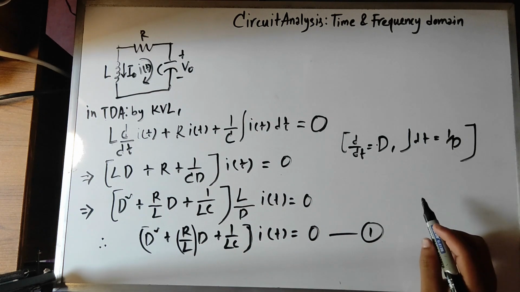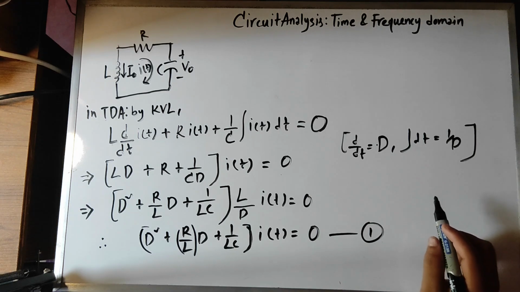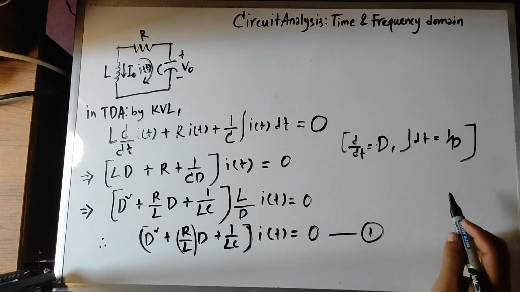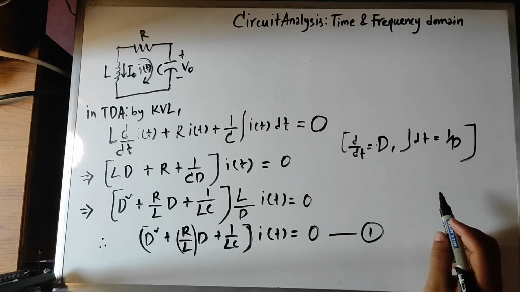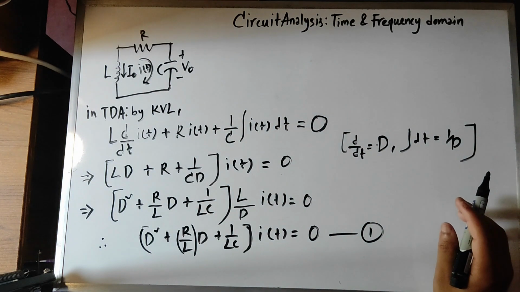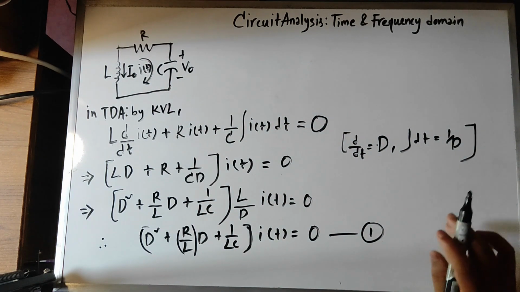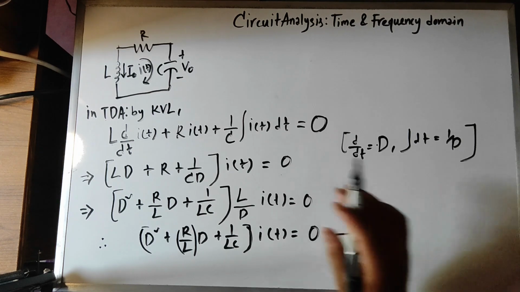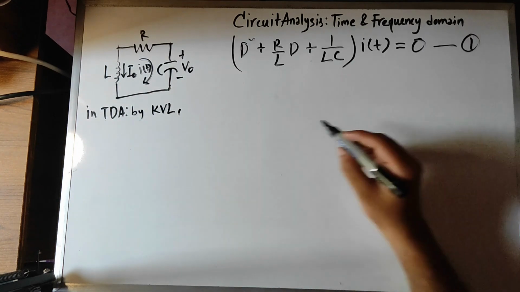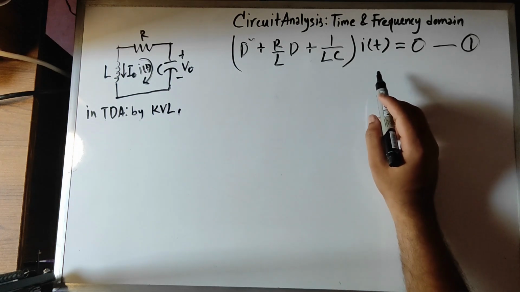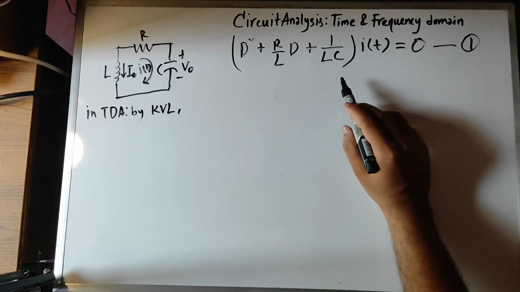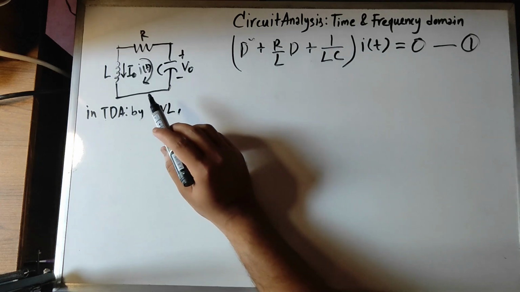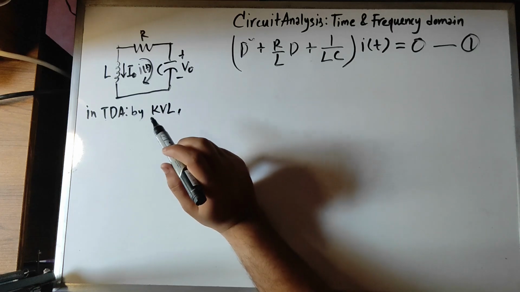Now we are going to solve this and see what the source free response of the RLC circuit is. This is the series RLC circuit, and this is the time domain equation for this circuit. This is the linear differential equation with constant coefficients of second order for the series RLC source free circuit.